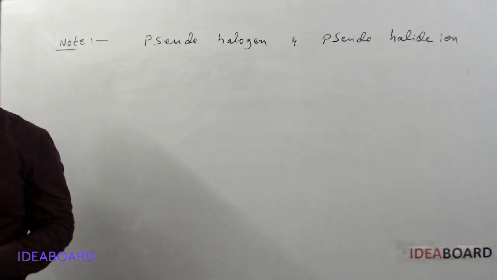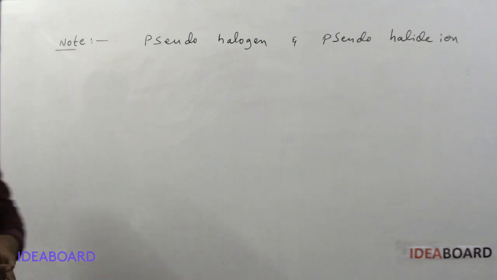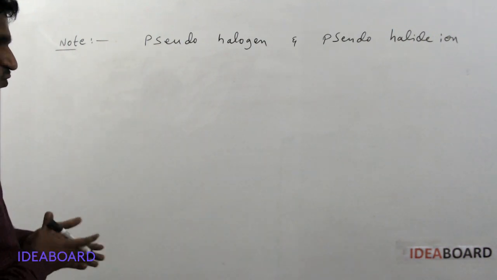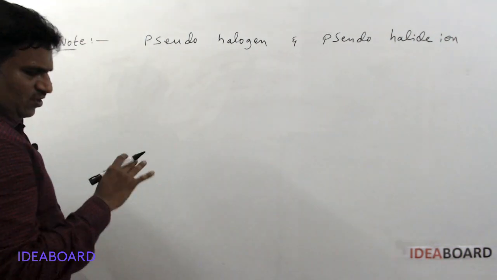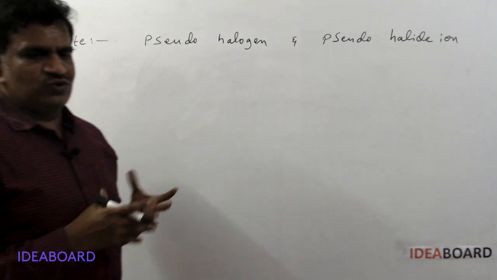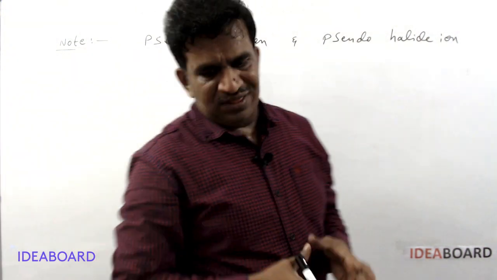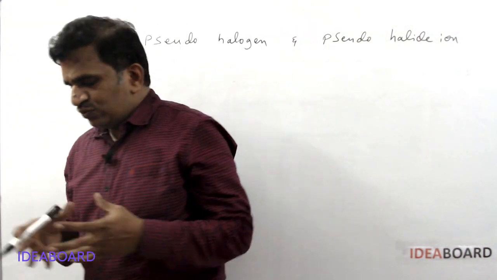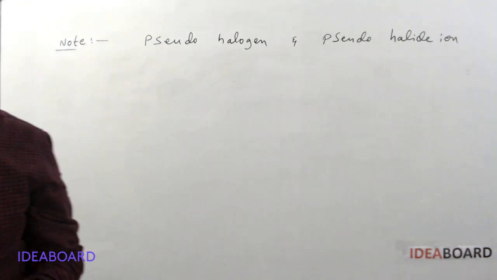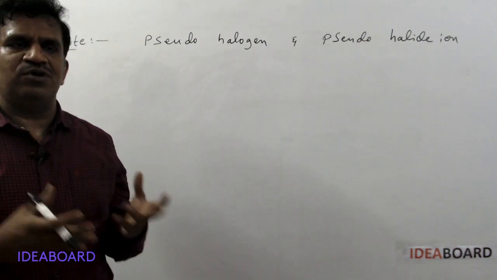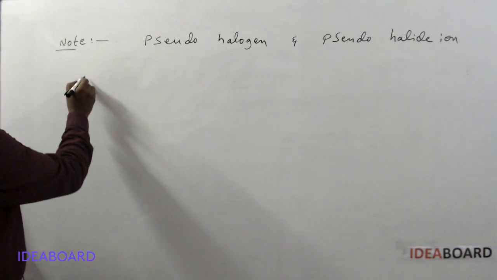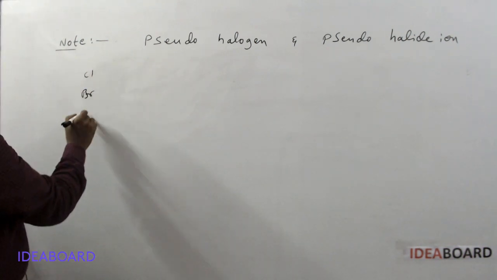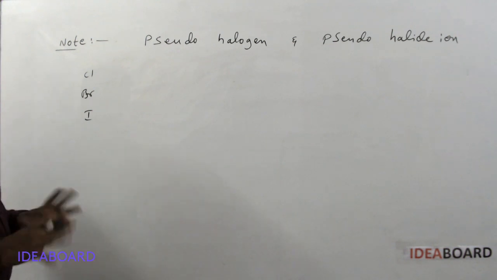What is a pseudohalogen or a pseudohalide ion? How can we define it? It means the ion or the species which has similarities in its properties with the halogens. Similarities in properties with chlorine or bromine or iodine mainly, not with fluorine.